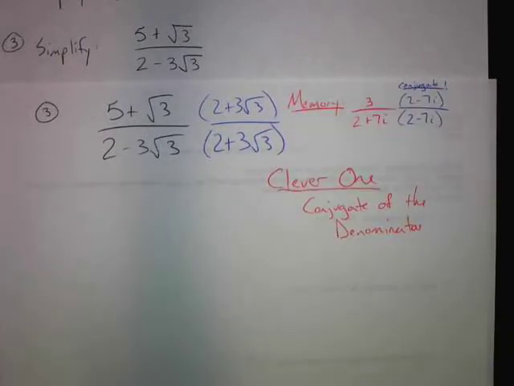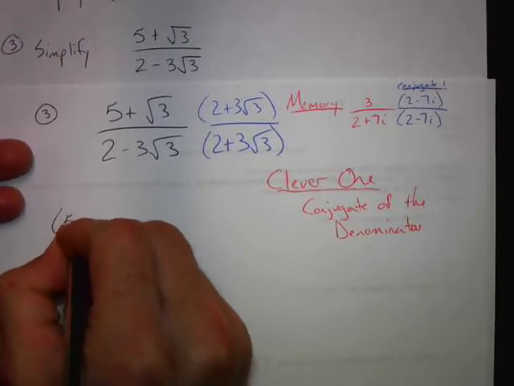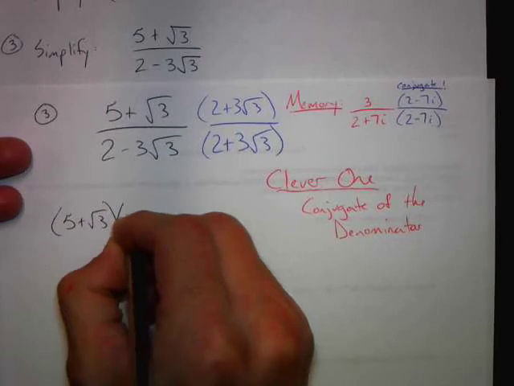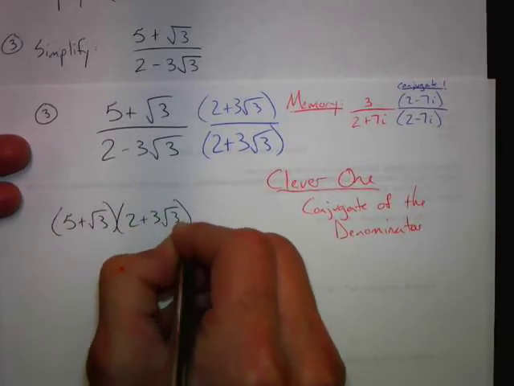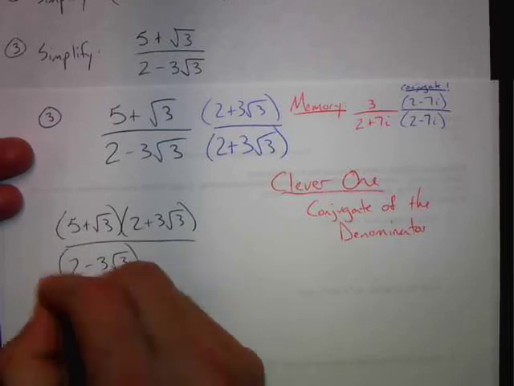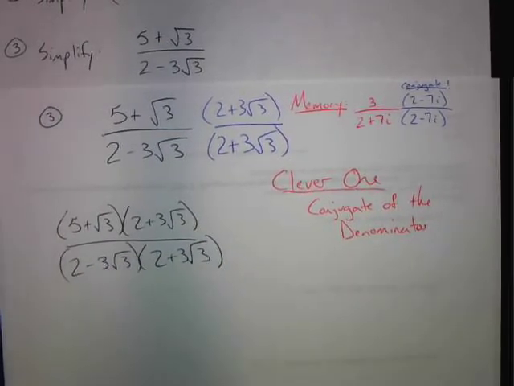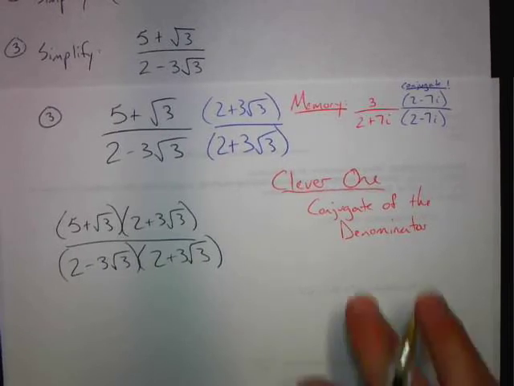Hopefully you can see what is about to happen. So let's see what's going on. In our numerator, we have 5 plus root 3 times 2 plus 3 root 3. In the denominator, we have 2 minus 3 root 3 times 2 plus 3 root 3. Let's take care of the denominator first.